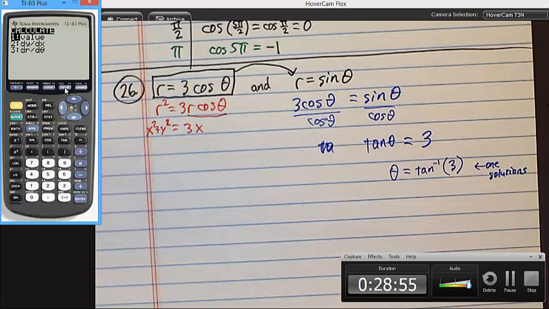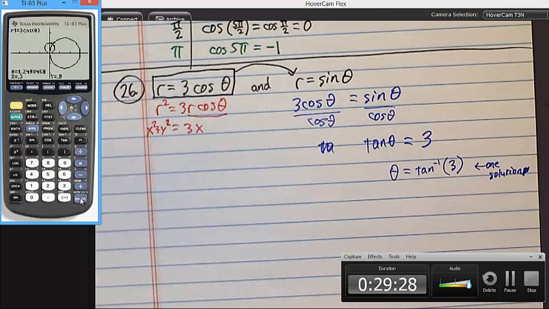It'll calculate a value. Enter. Notice it doesn't say x equals, it says theta equals. So let's put our theta in. What's our theta? Arctan of 3. And I'm in radians, so hopefully this will work. Did it work? There it is. It even gives you the x and y coordinates, which is kind of cool. Okay? So we found one of the solutions right there.